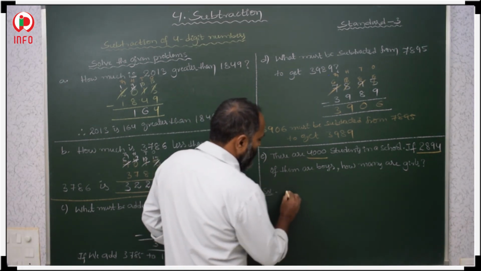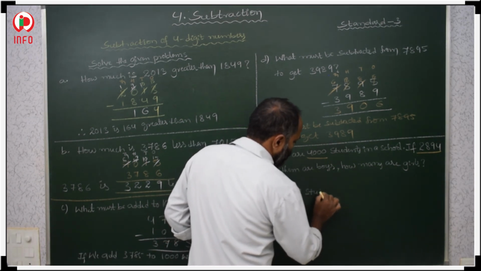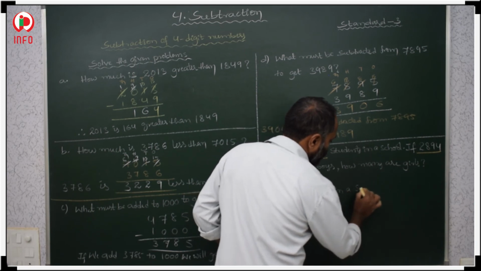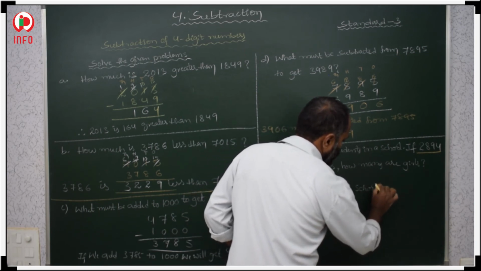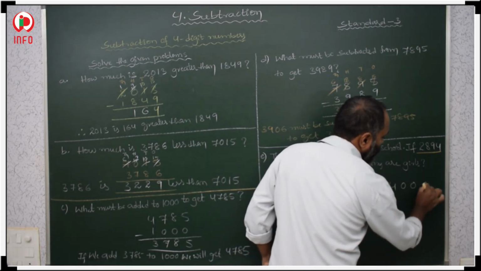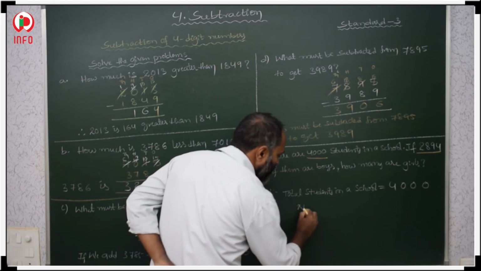Total students in a school. How many students are there? 4000 students are there. Number of boys.